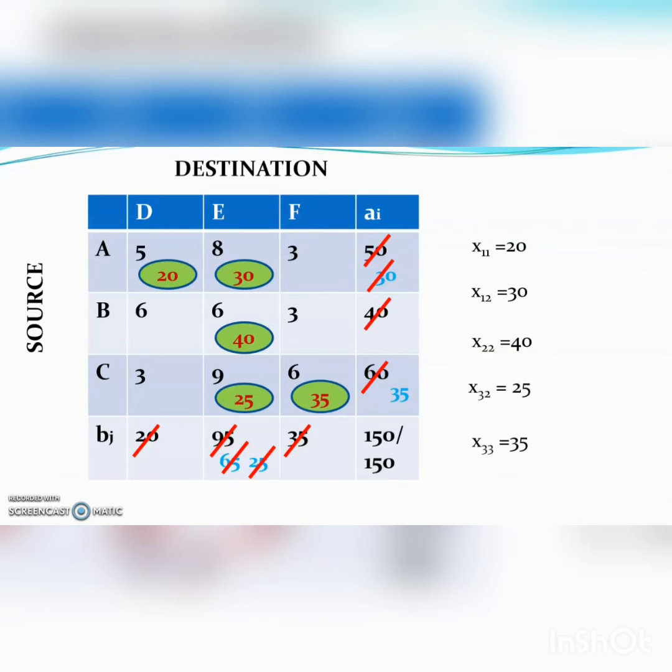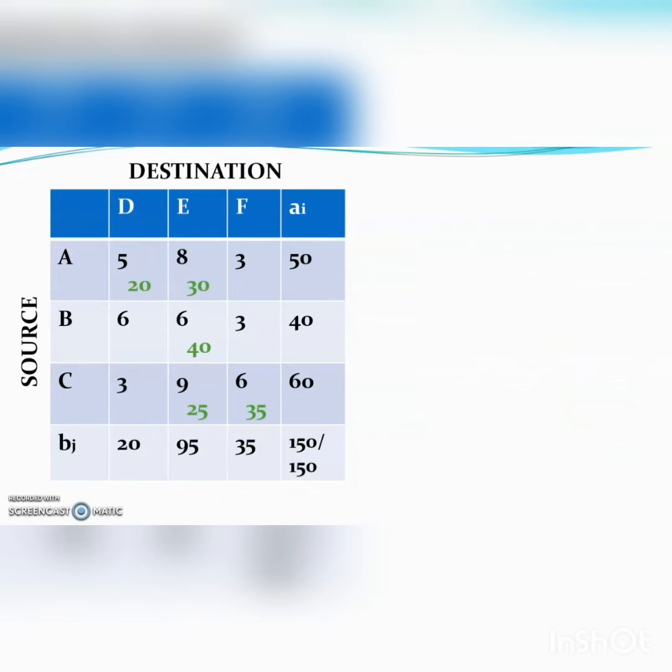Thus the final table is this: 20 units in the cell 1, 1, 30 units in the cell 1, 2, 40 units in the cell 2, 2, 25 units in the cell 3, 2, and 35 in the cell 3, 3.